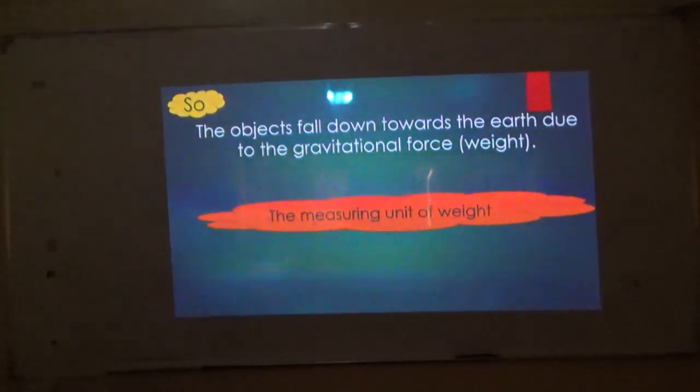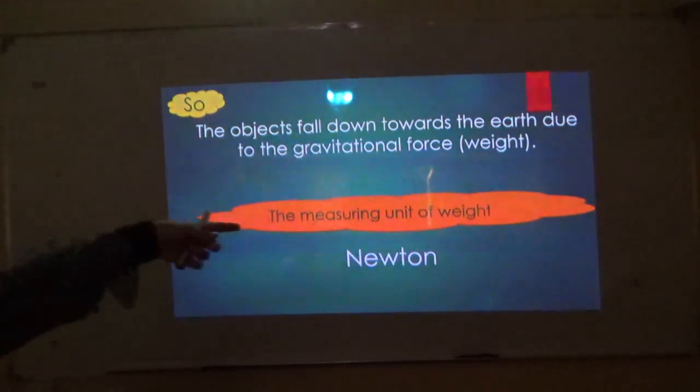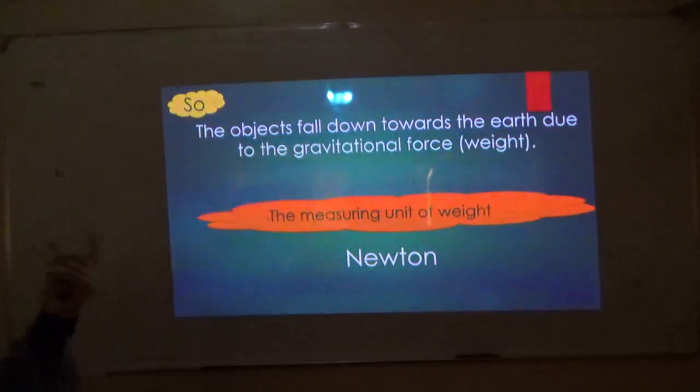In appreciation of the great scientist Newton, it is named Newton. So we have only one unit for the weight, which is Newton, but for mass we have two different units. One of them for the small mass is called gram, another one for the great mass is called kilogram. So how many measuring units are used for the weight? We have only one unit, which is Newton.